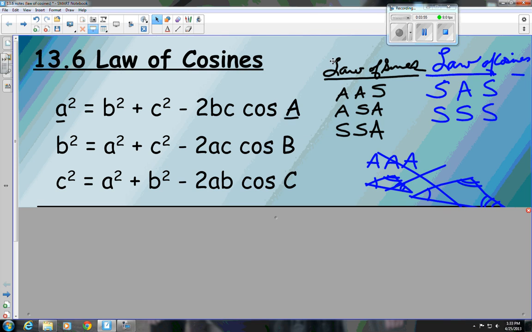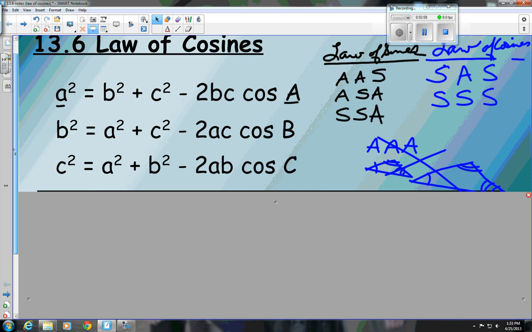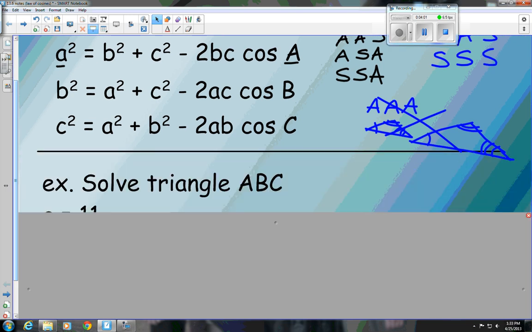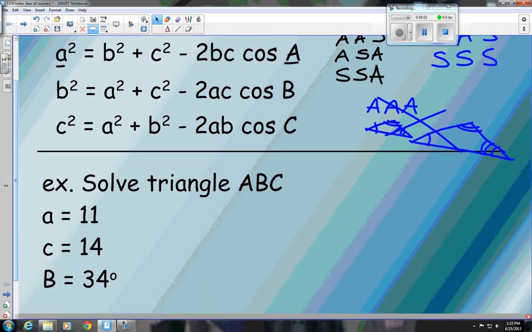So let's apply it. Okay, so here I have side A is 11, side C is 14, and angle B is 34 degrees.